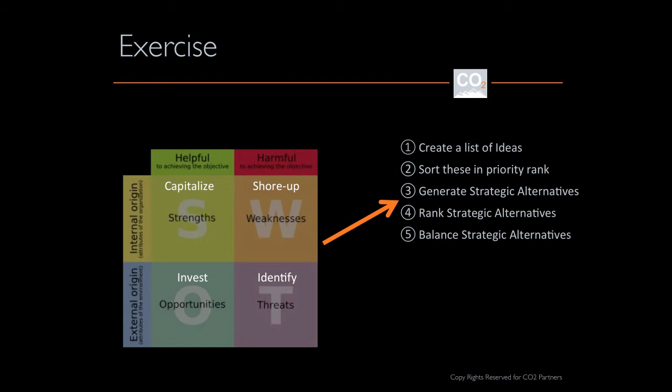Creating a list of the ideas within each of the boxes. So we're going to understand what the strengths are and build those. We're going to understand the weaknesses, the opportunities, and the threats to our organization by going through all of this rich data. Then we're going to sort those, each one of them, in priority ranking.